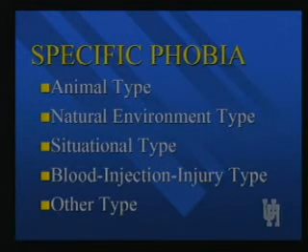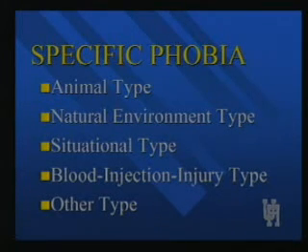Animal phobias, again, are snakes, dogs, insects. Typically they are childhood onset disorders. You don't usually acquire a fear of dogs or snakes when you're 20 or 30 years old. If you didn't have it before that, you typically acquire it as a child. These phobias are much more frequent in women than in men, in girls than in boys.